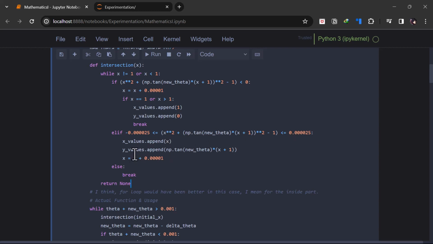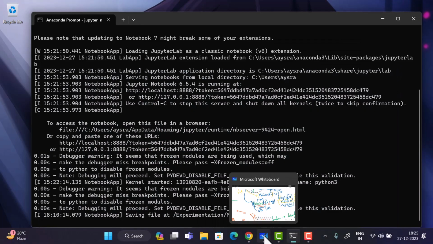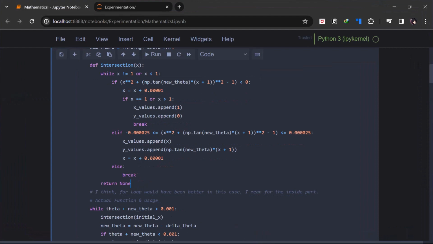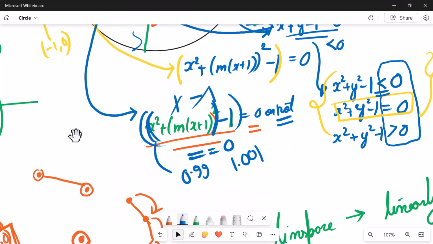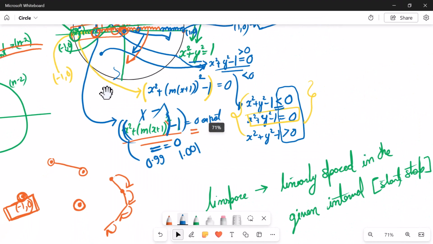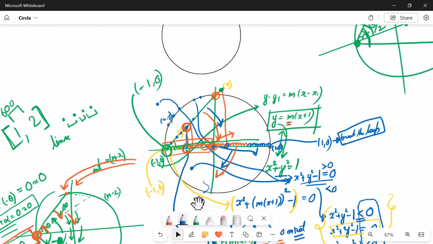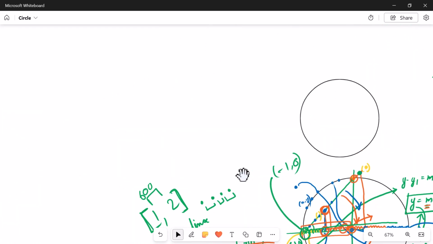Now to append the value of y, what we will do is use the equation of line. Okay, appending the value of y. How will we append the values of y? We'll use the equation of line for that. There's just too much mess in this part of the whiteboard, so let me use another color.